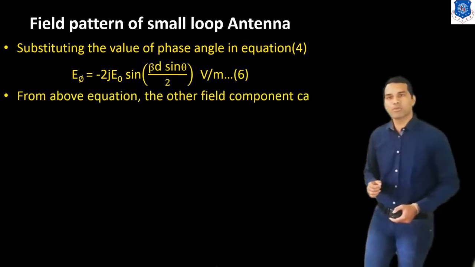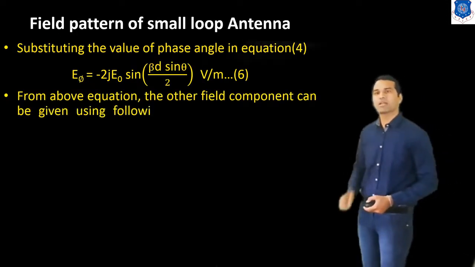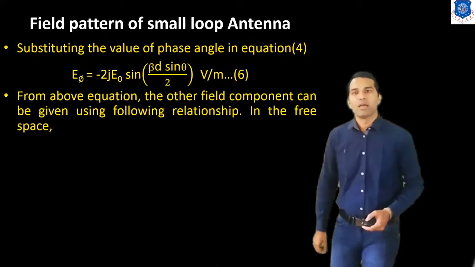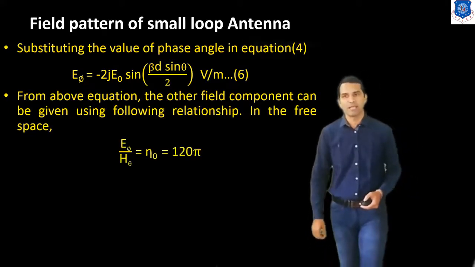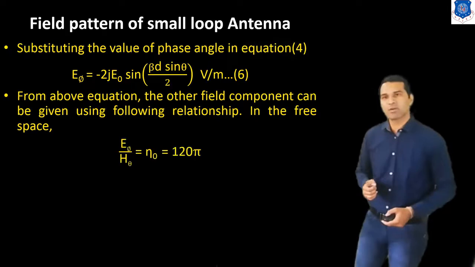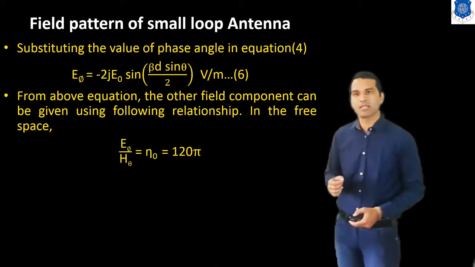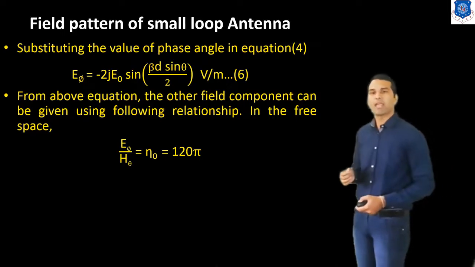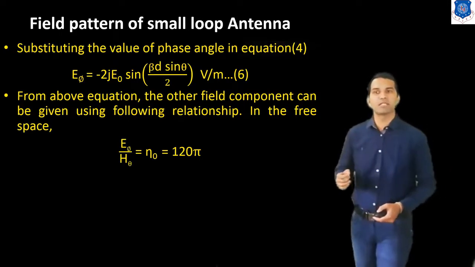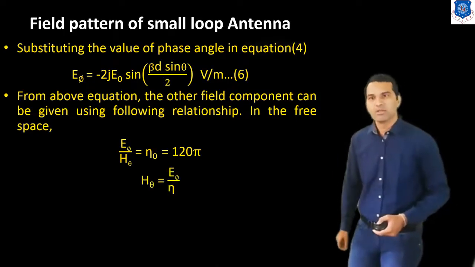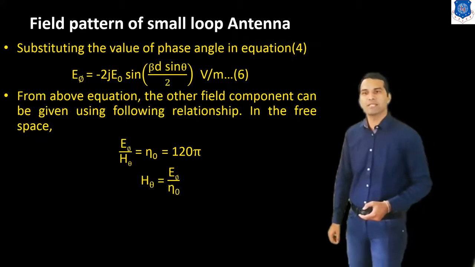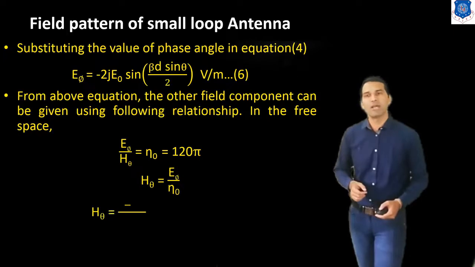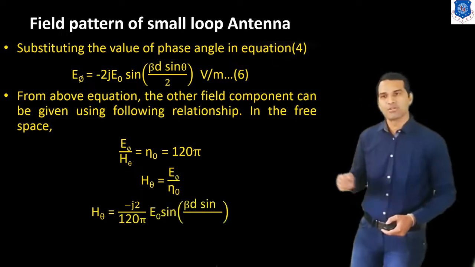From the above equation, the other field component can be given by the following relationship in free space. We know that the relation between the E field and H field is E phi upon H theta equals eta 0, and for free space the value of eta 0 is 120 pi. So we can write H theta equals E phi by eta 0.